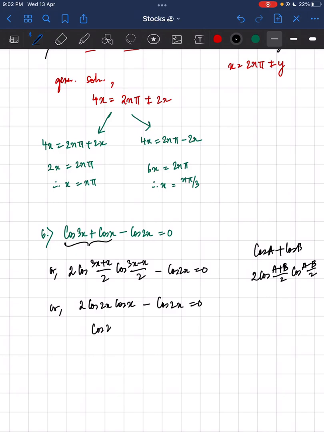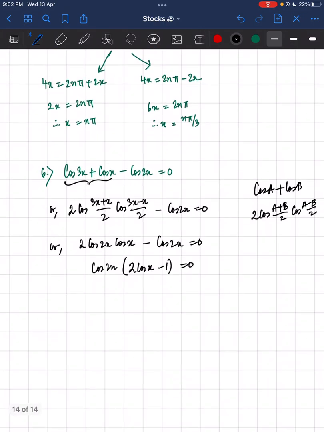If I take cos 2x common, we have cos 2x times 2 cos x minus 1 equal to 0. Just like quadratic equations, this is a product of two different terms, and a product can only be 0 when one of them is 0. So either cos 2x equal to 0 or 2 cos x minus 1 equal to 0.